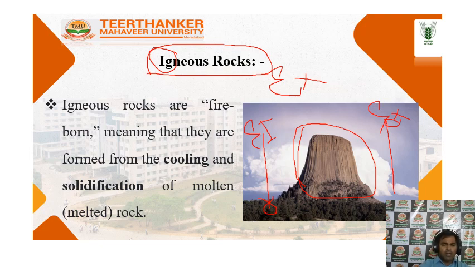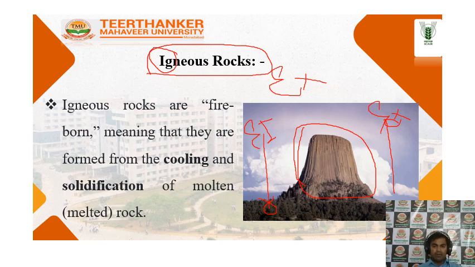What happens after the volcano eruption? Some material is collected, known as molten magma, and that molten magma undergoes cooling and crystallization. Actually, the temperature of the molten magma is more than 2000 degrees Celsius, which is a huge temperature.